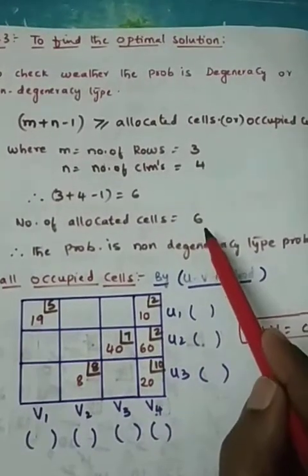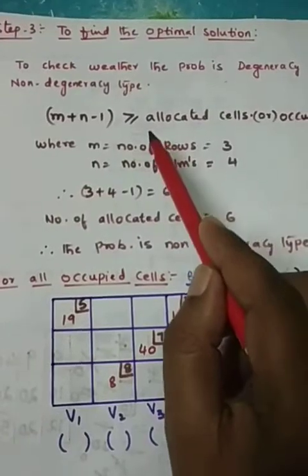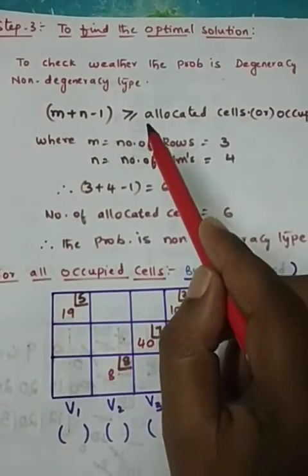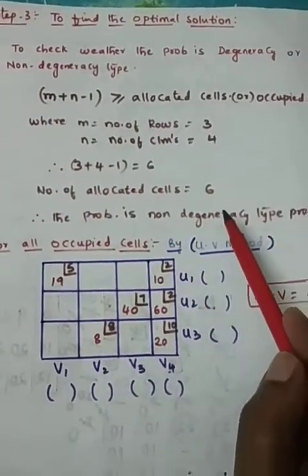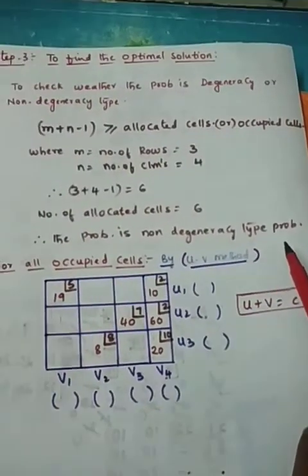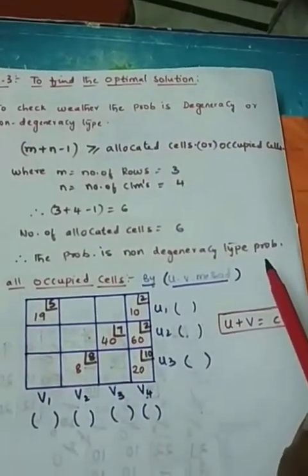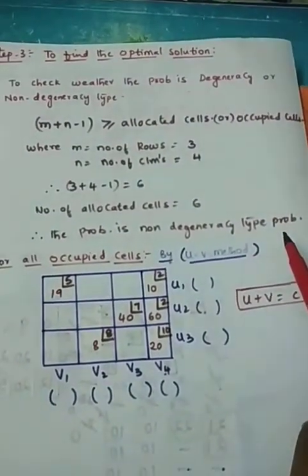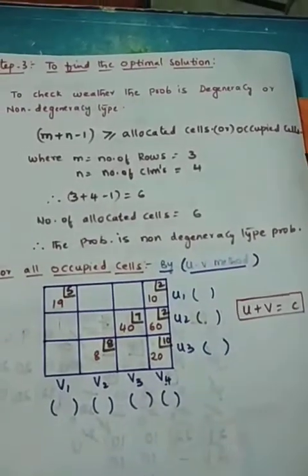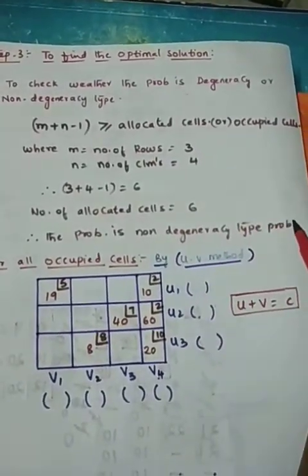So we have 6 occupied cells. Also we have m plus n minus 1 as 6. The condition is that either it should be greater or it should be equal. So 6 is equal to 6. The problem is said to be a non-degeneracy type transportation problem. Always remember, to solve for the optimal solution, the problem must be a non-degeneracy type transportation problem. As this problem is concerned, it is a non-degeneracy type transportation problem.